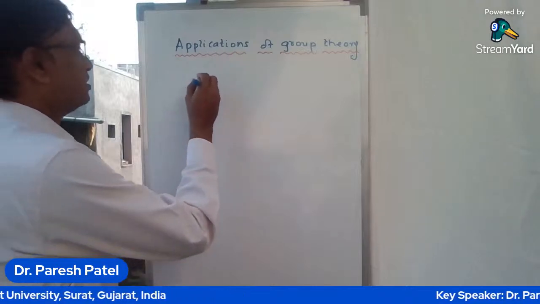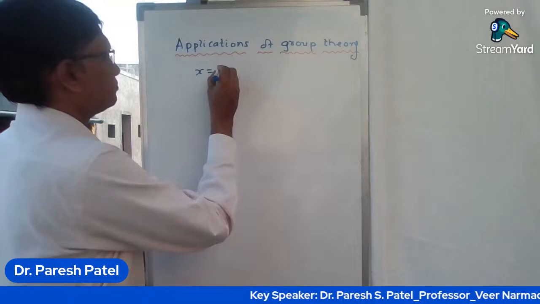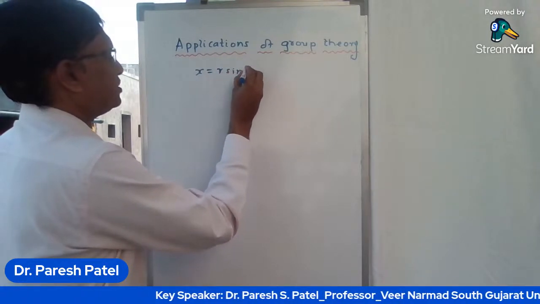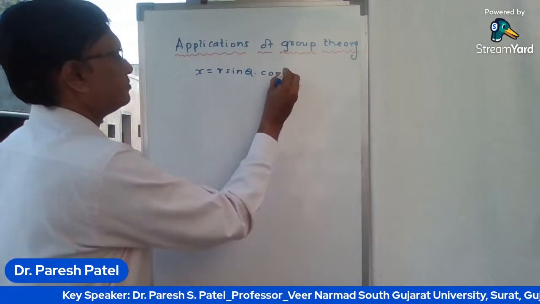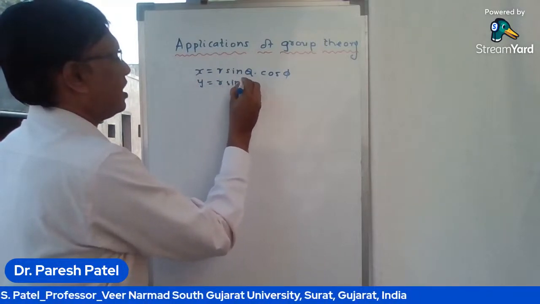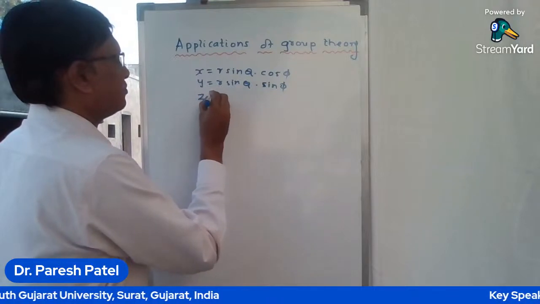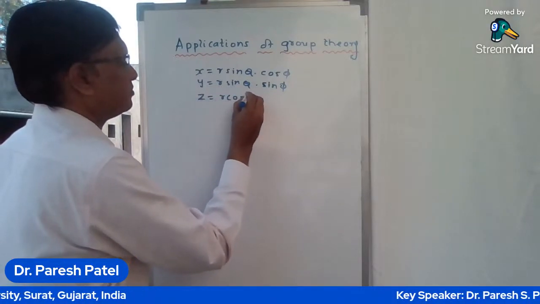We know the relation: x is equal to r sine theta cos phi, y is equal to r sine theta sine phi, and z is equal to r cos theta.